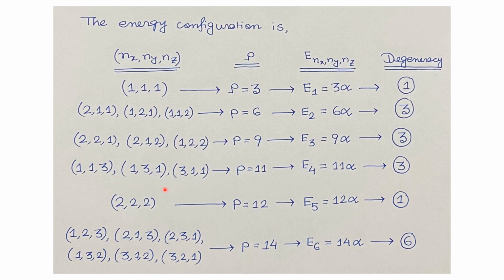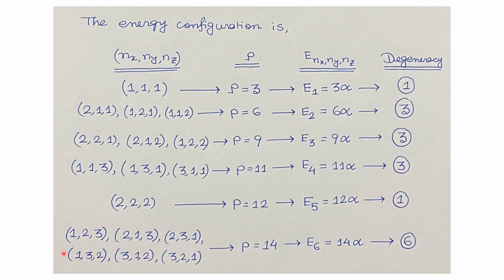So three possible sets are there. The p value is 11 and the energy value E4 equals 11 alpha, and clearly the degeneracy is 3. For the fourth excited state, only one possible set is there, that is 2, 2, 2. The p value is 12 here, and the energy value for the fourth excited state E5 equals 12 alpha. So the degeneracy is 1 in this state.